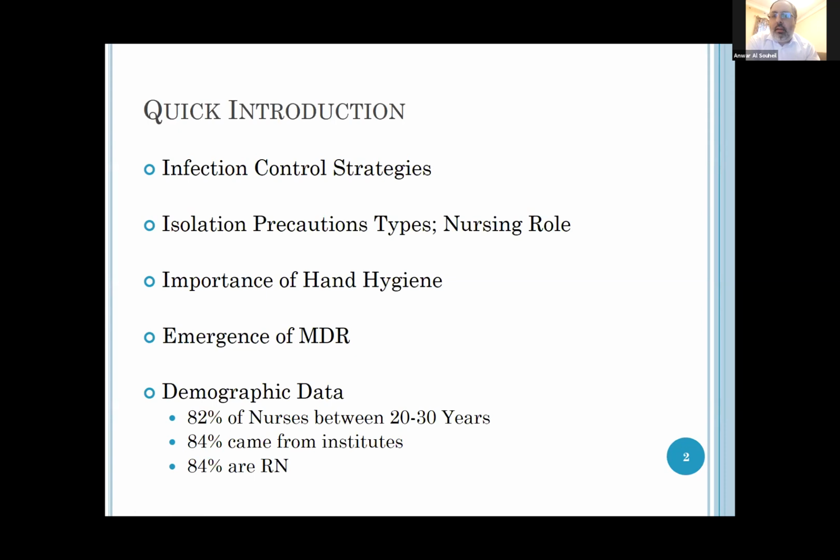We have seen a lot of patients with MDROs, and that makes our topic more interesting and challenging to talk about. For the demographic data, 82% of nurses were between 20 and 30 years old, 84% came from institutes, and 84% are registered nurses. Next, please.